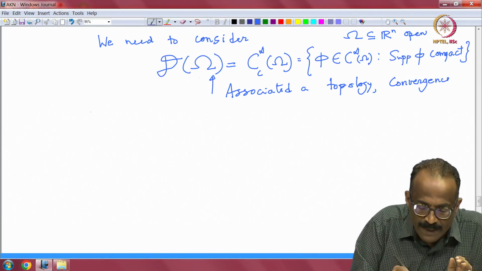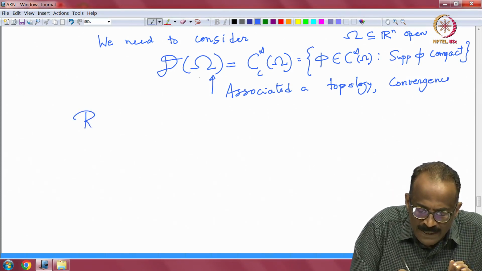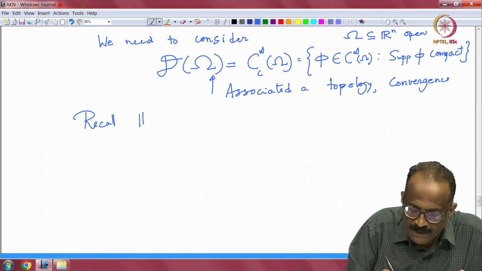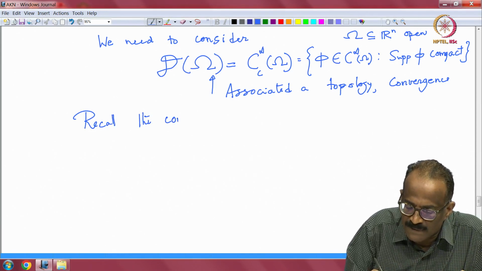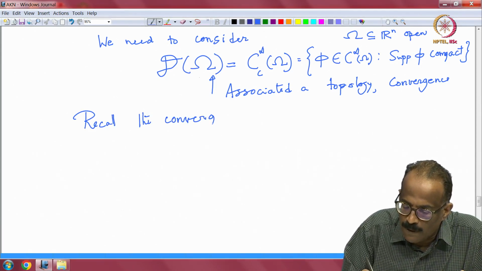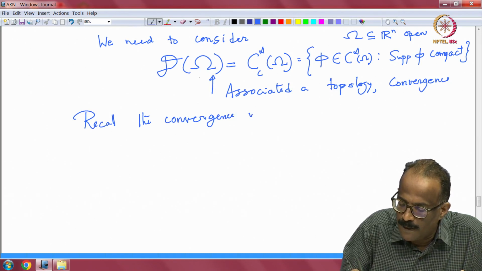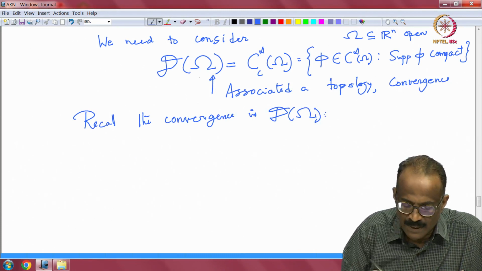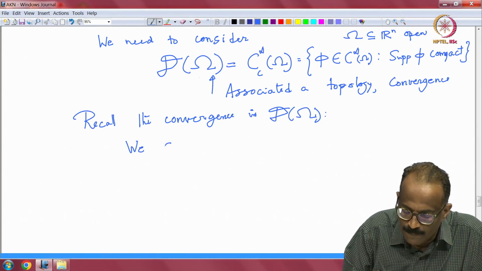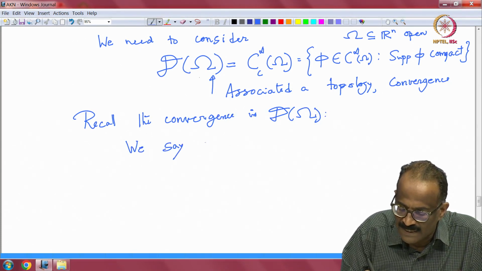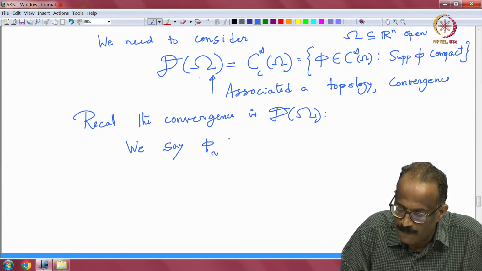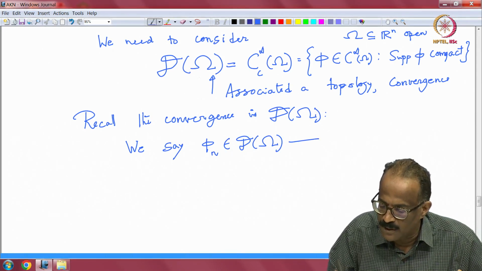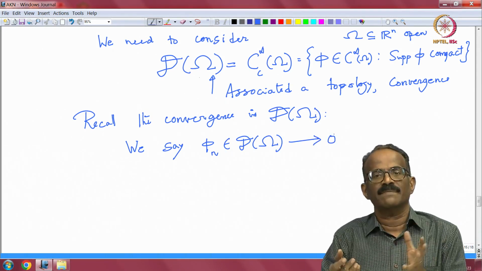So, let me just recall, not the entire topology, but the convergence, for the sake of completeness. We recall convergence in D of omega, which we have already studied. Because of linearity, we say phi_n belonging to D of omega converges to 0. It is enough to consider convergence to 0.